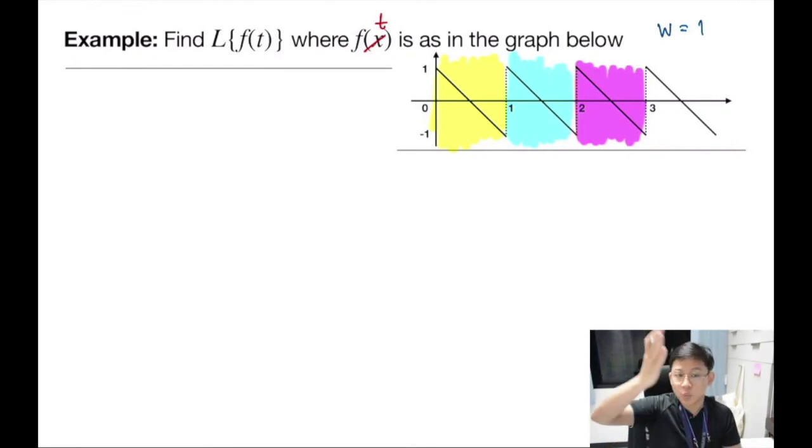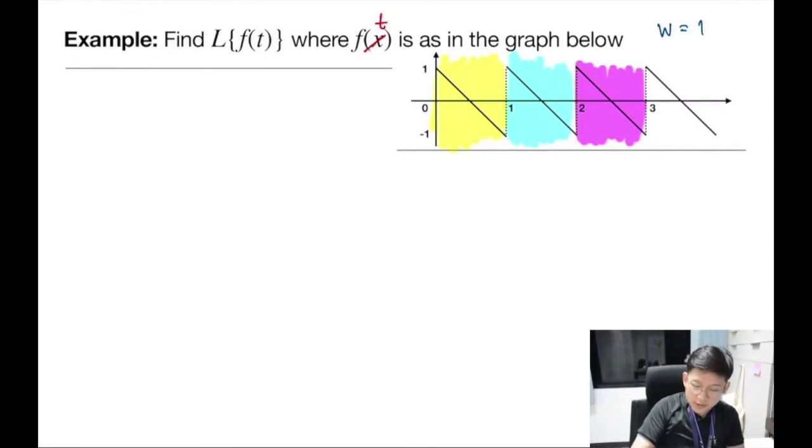When the interval is 1, then it repeated, right? So the period is 1. Okay, so I want to define the function for this graph. How to define the function for this graph?